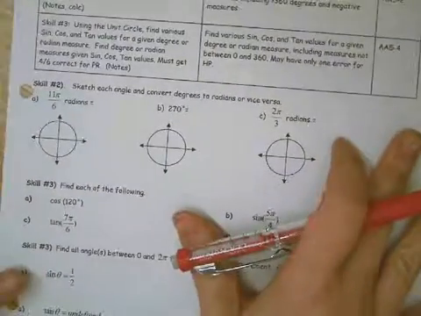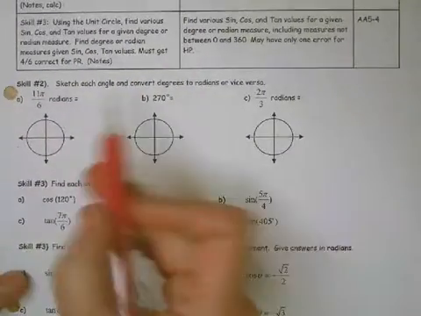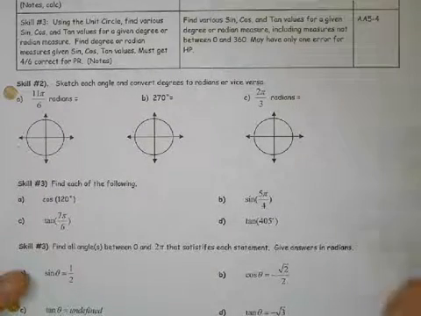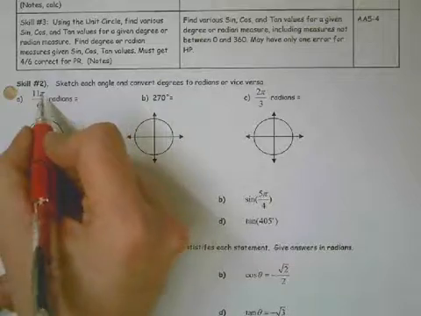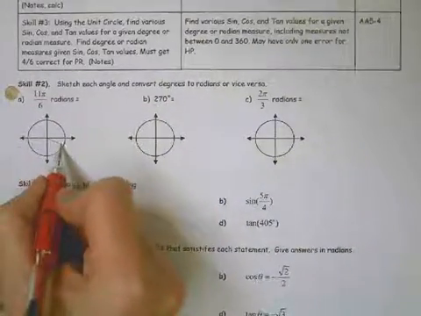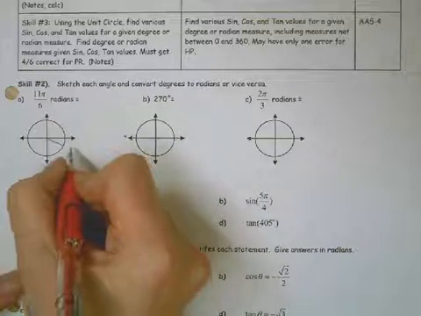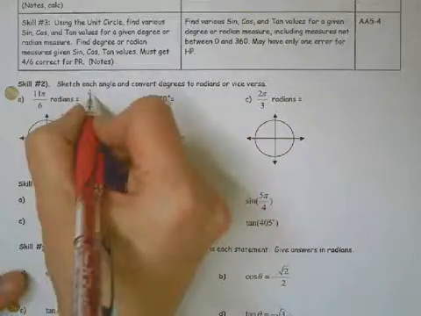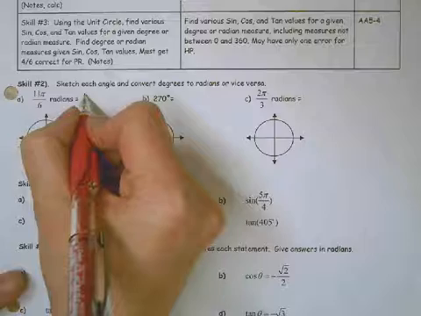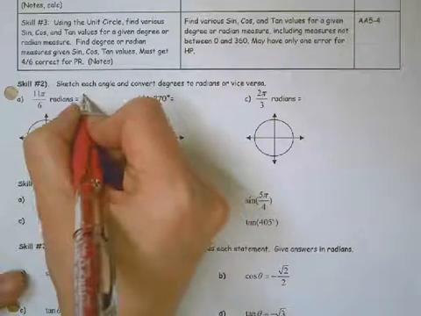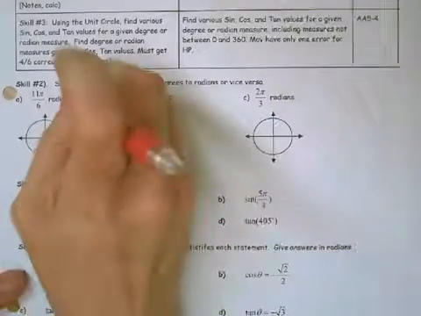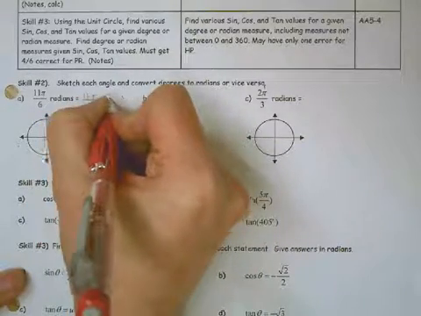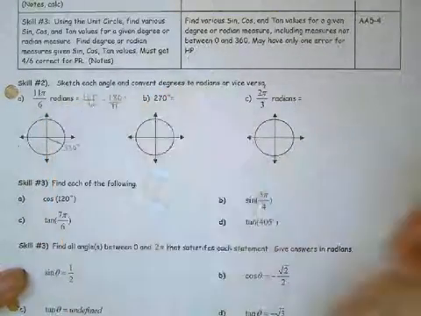So for your proficiency level when it comes to sketching the angle and converting to degrees or radians, depending on what you have: if we look at 11 pi over 6, that is our 330 degrees. That conversion looks like 11 pi over 6 times 180 over pi.